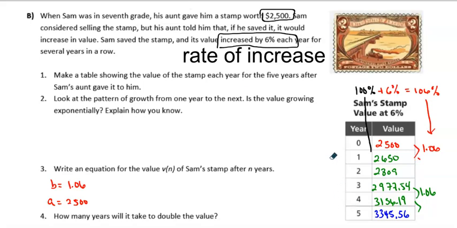That might change as you go down in the years, but we'll stop at 5 and go from there. So make the table, check for the first 5 years, look at the pattern of growth from one year to the next. Well, yes, it's increasing by 6%, so the growth factor is 106% or 1.06, right?